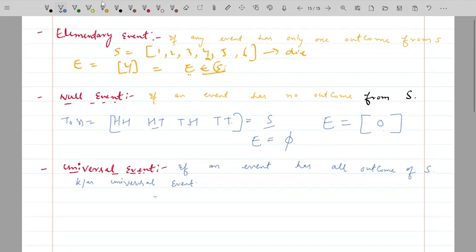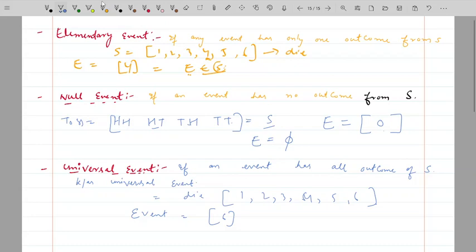As an example, if you throw a die, the total number of possible outcomes is 6: 1, 2, 3, 4, 5 and 6, and at the particular event when you throw the die you get all six, all the possible outcomes are there.